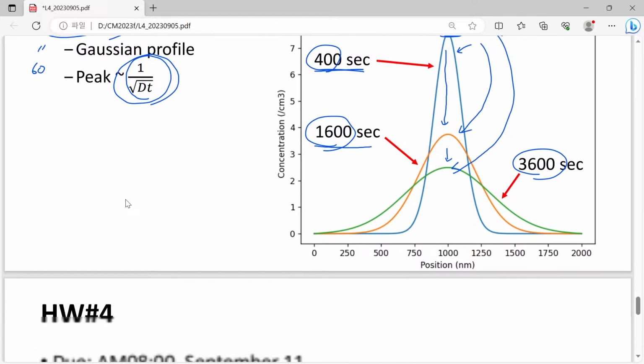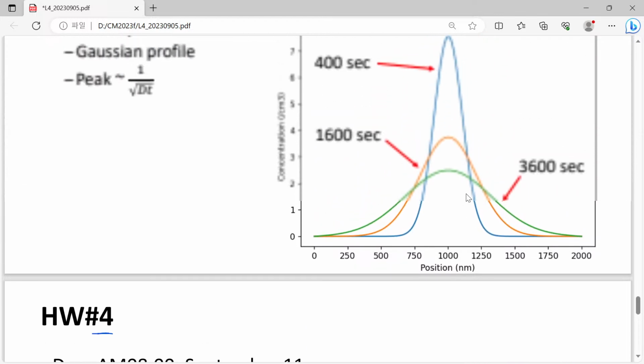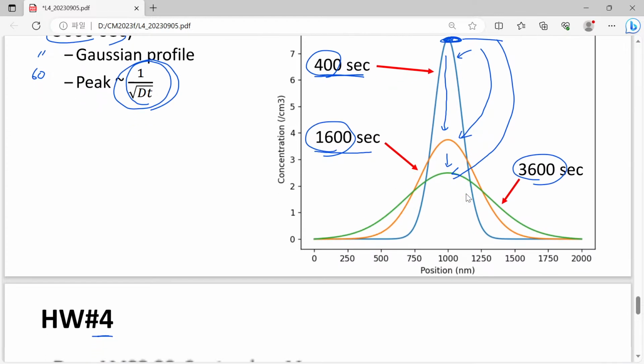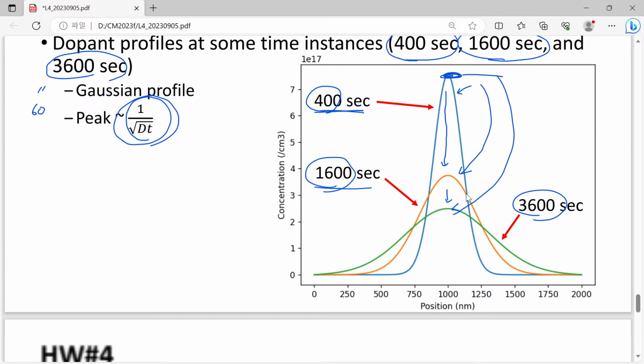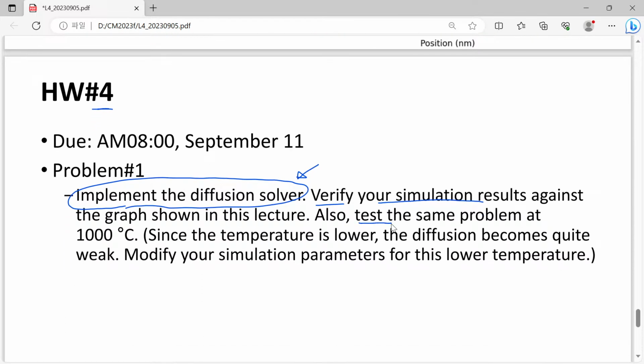The homework is quite simple, and please verify your simulation result with this graph. Please draw your own graph and compare with this figure. And also, please test the same problem at lower temperature.